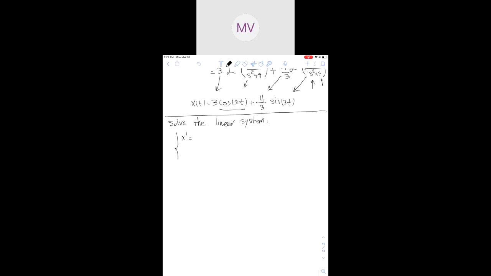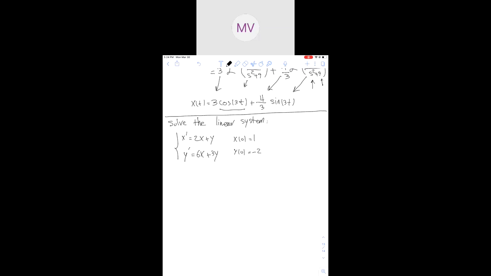Let's do number 11. x of 0 is given as 1, y of 0 is given as negative 2. Okay. That's a linear system, right?